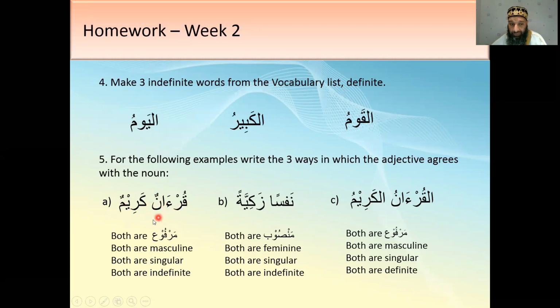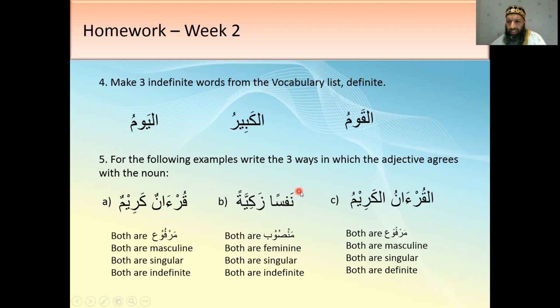Both are masculine. The adjective is masculine because what it's describing is masculine. Both are singular. We've not done plurals yet. That's today's lesson. And both are indefinite. And these are from the Quran. Quranun Karimun comes in the Quran. Next one.